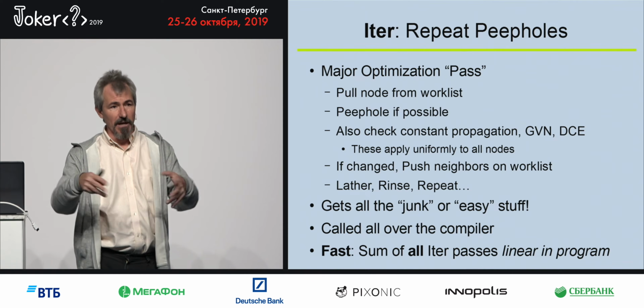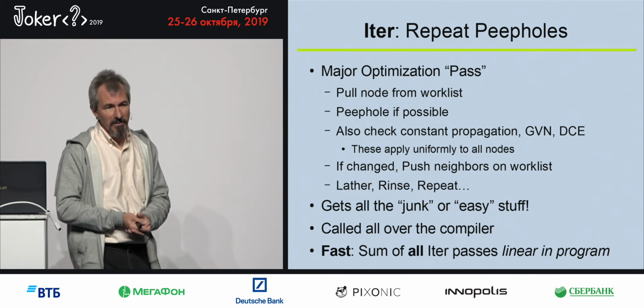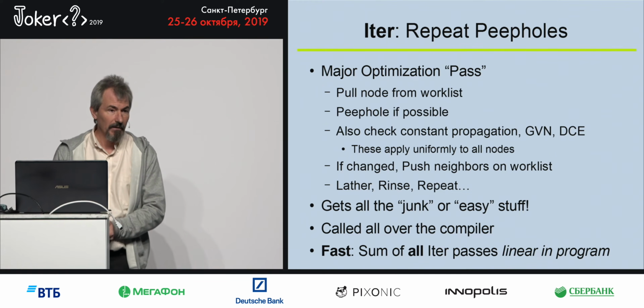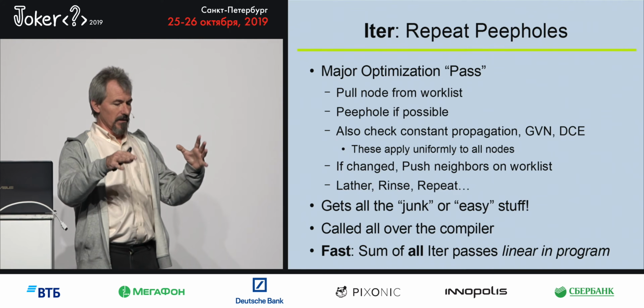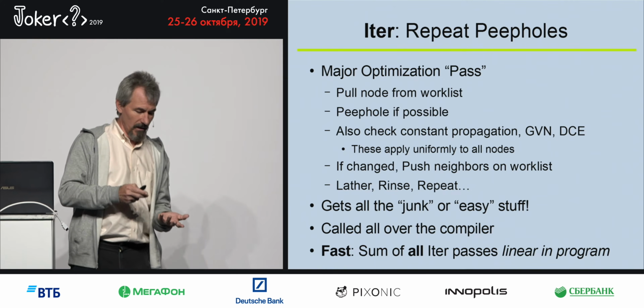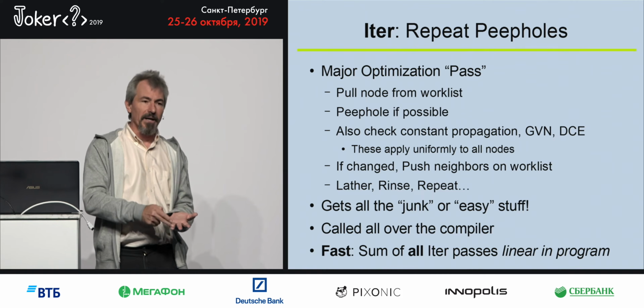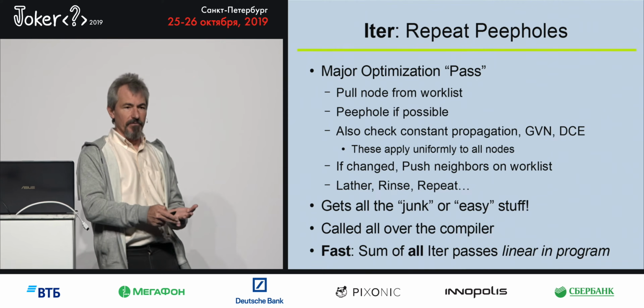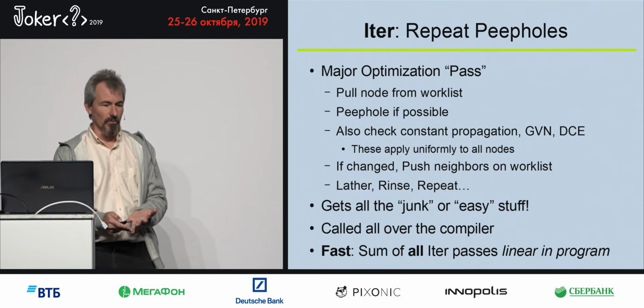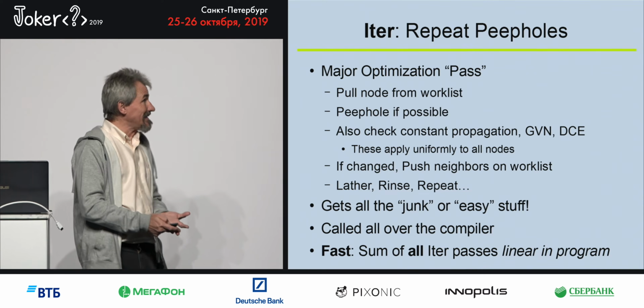If you made a change, you push neighbors back onto the work list, and you repeat until the work list runs dry. And it turns out that if you've set your peepholes reasonably, it will run in linear time. It will monotonically come to the same graph representation, irregardless of the order you visit things on the work list. And it will get all your easy junk stuff.